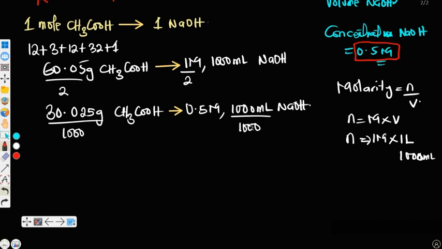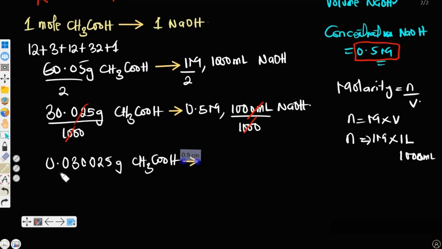So what will this give to us? This cancels this, and this cancels this. This is going to give us 0.030025 gram of acetic acid. It reacts with how many moles? It reacts with a 0.5 molar solution, but this will react with 1 ml of sodium hydroxide.